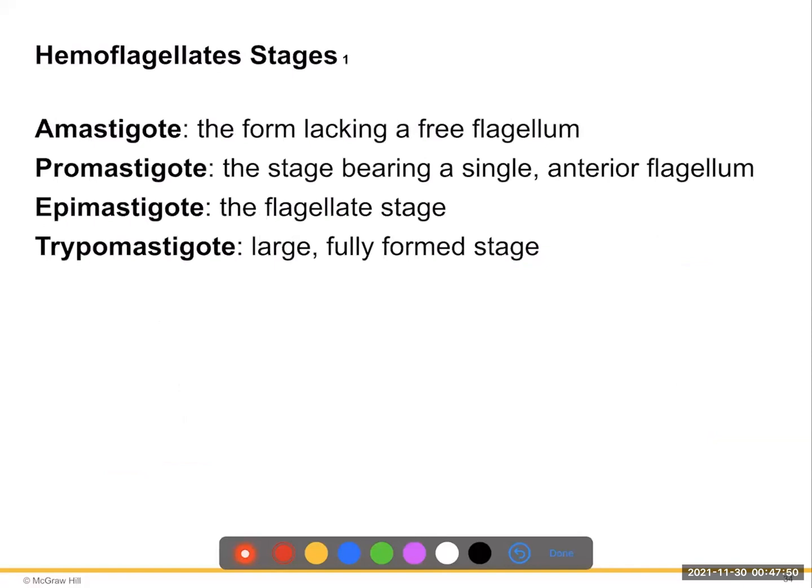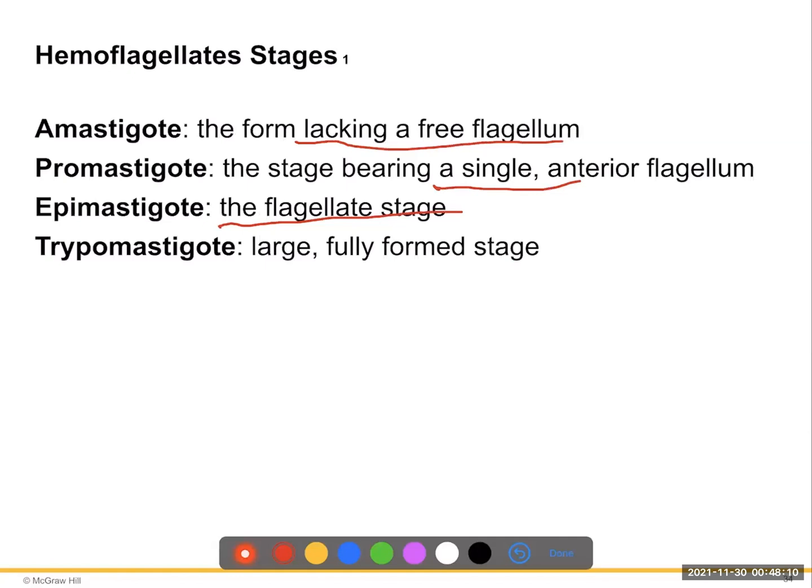The hemoflagellate stages, there are 4 different stages. The amastigote, which is the form lacking a free flagellum. The promastigote is the stage bearing a single flagellum. The epimastigote is the flagellate stage with multiple ones.